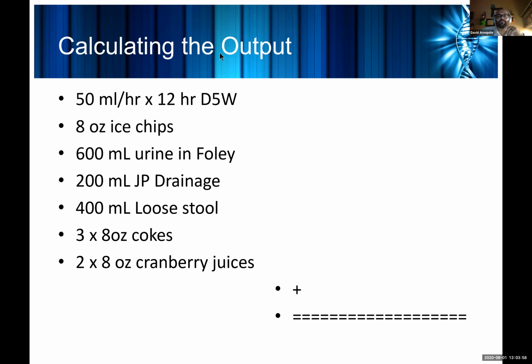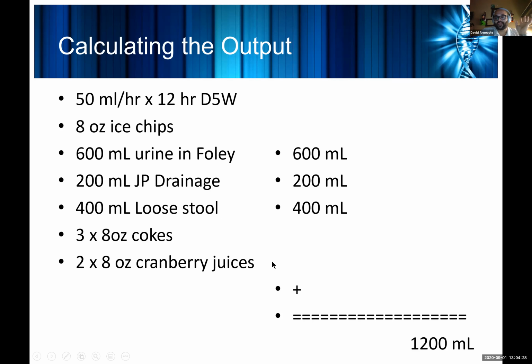So again, we're looking at output. 50 mils an hour for 12 hours. That's IV infusion. That's intake. I don't care. 8 ounces of ice chips, intake. Don't care. 600 mils of urine in the Foley. Please let that be output. 200 mils of JP drainage. 400 mils of loose stool. Those are all output. 3 8-ounce Cokes, intake. 2 8-ounce cranberry juices, intake. So 600, 200, and 400. That's it. Gives you a total of 1,200 mils.